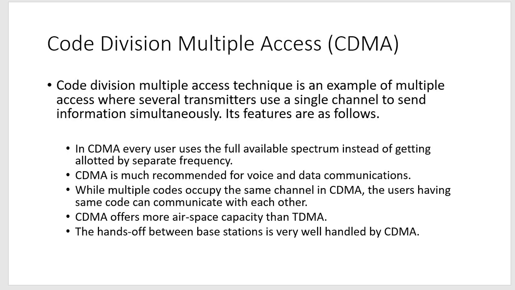Code division multiple access is an example of multiple access where several transmitters use a single channel to send information simultaneously. The feature of CDMA is that every user uses the full available spectrum.